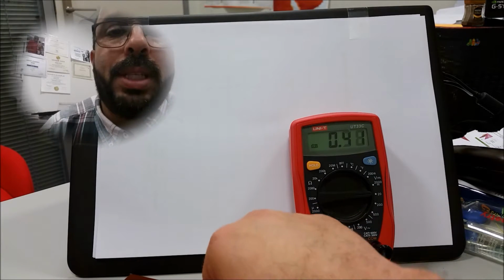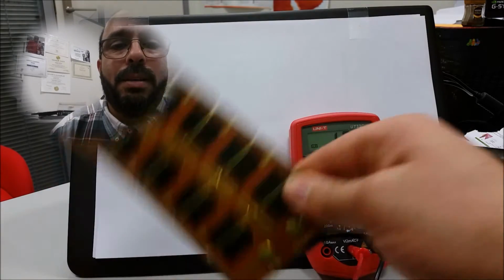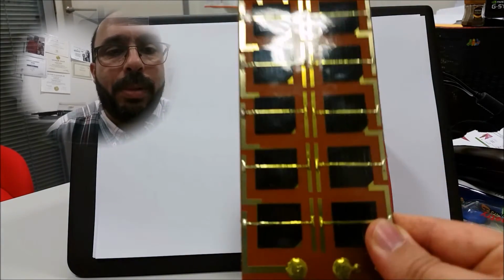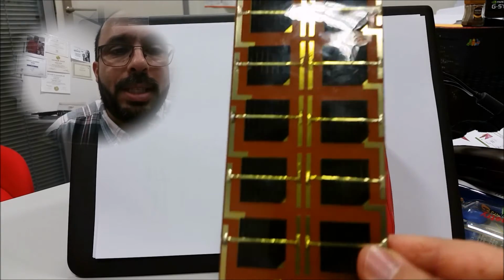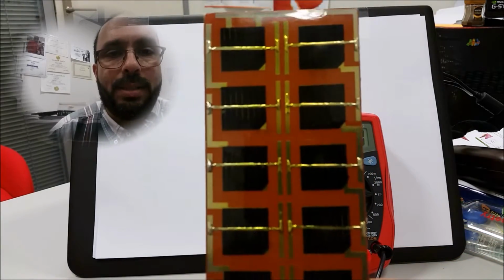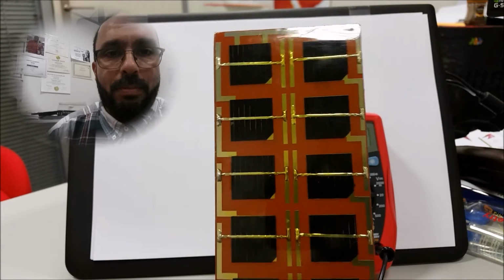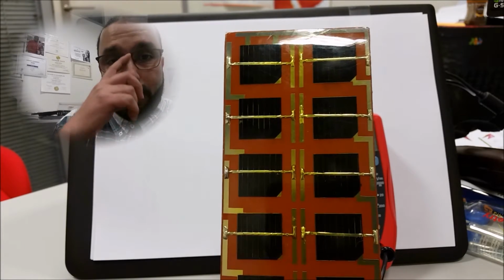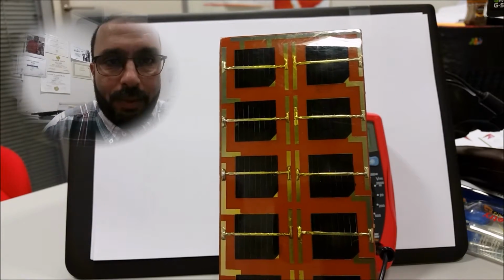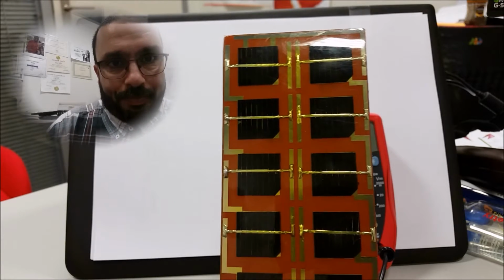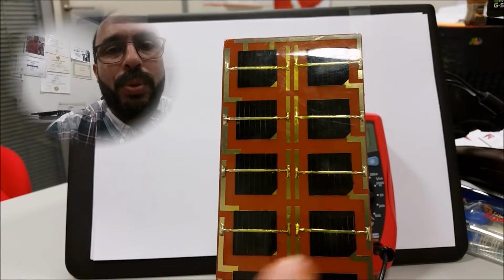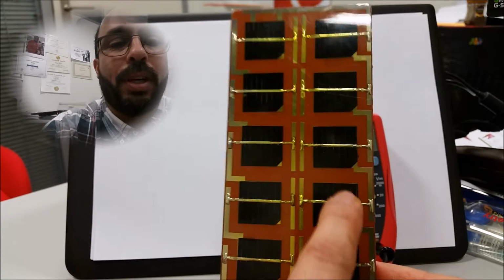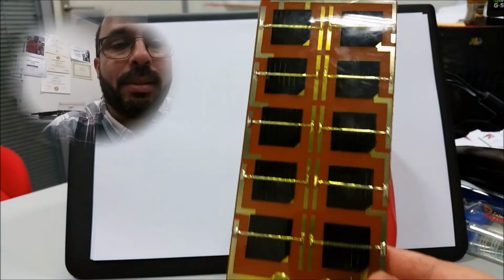Okay. So this is one of the available solar cells in the market. And you can see it's made out of many cells. Why is it like that? Because if you imagine you have a small battery, and you want a significant voltage and current as well, what you need to do is put each battery on top of each other, and that's why they are like this, okay?